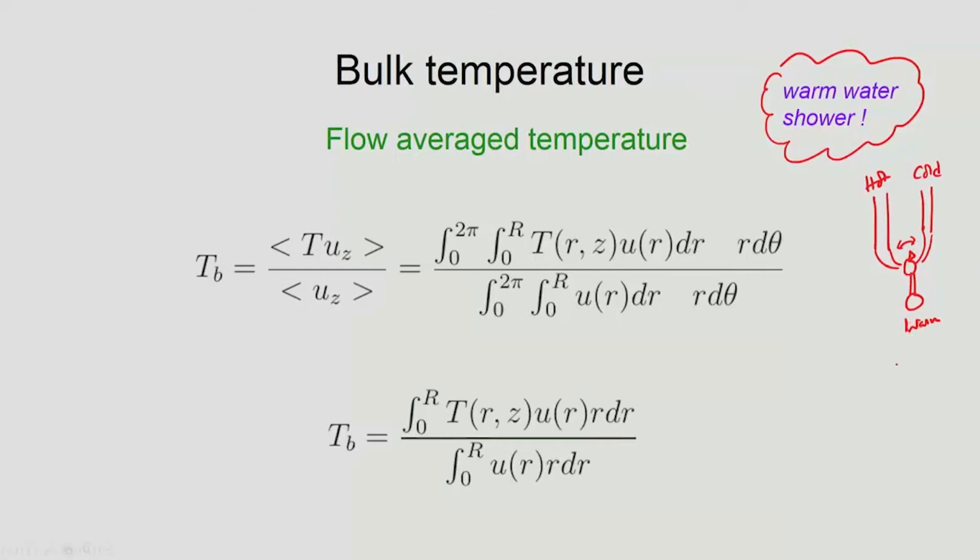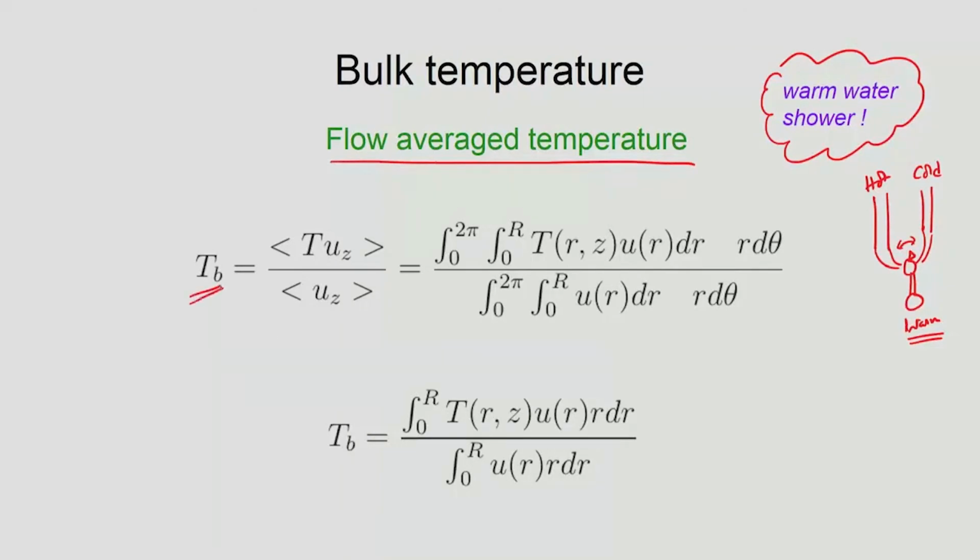As you can already feel, if the flow rate was very low for hot water, then you would not mix much cold water; you would lower the fraction so that you can get the warm water at the same temperature. This is some common daily life experience where we are actually using what is called flow average temperature. The averaging is done with respect to the flow rate, and that is exactly what is done with the bulk temperature also.